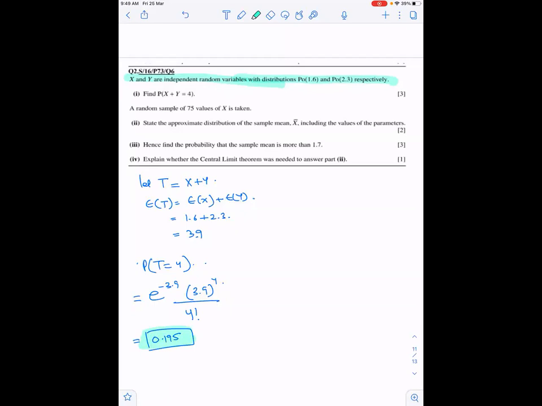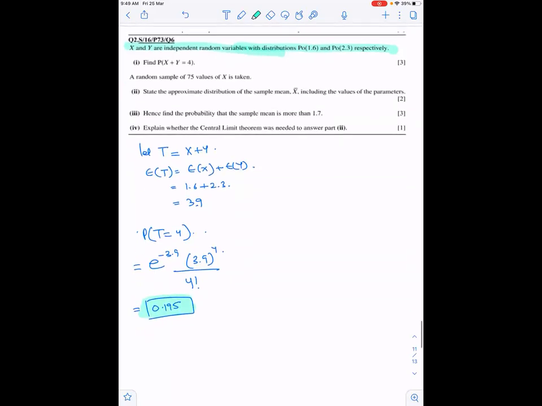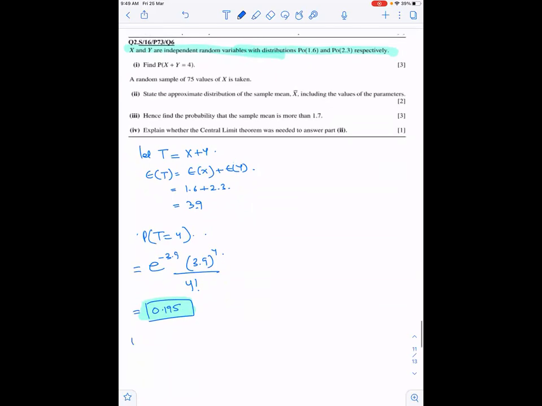Then they're saying a random sample of 75 values of x is taken. State the approximate distribution of the sample mean of x, including the values of the parameters. Since n is greater than 30, according to the central limit theorem, the sample mean is normally distributed.